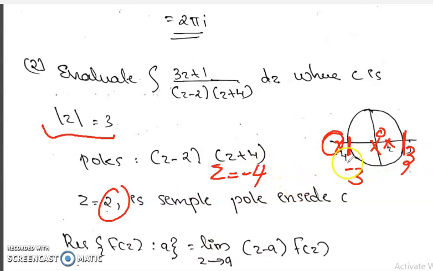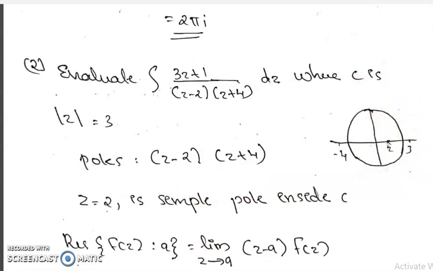So you can follow any method. Either you draw the graph and try to understand, or the simple thing you can do is substitute 2 and minus 4 here. If it is less than 3, it lies inside. Therefore 2 lies inside. The other value lies outside.